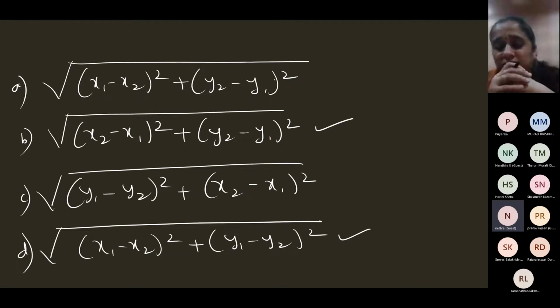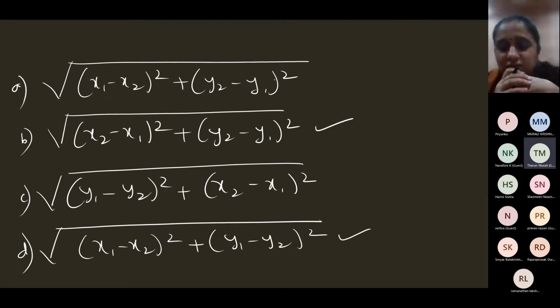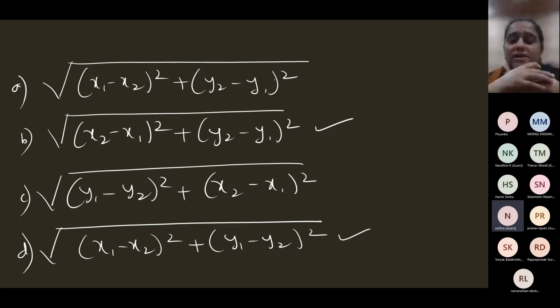Tarun Murali, you said something? A and? No, B and D. Oh, B and D. Okay. B alone. Who says B alone? Netra says B alone.